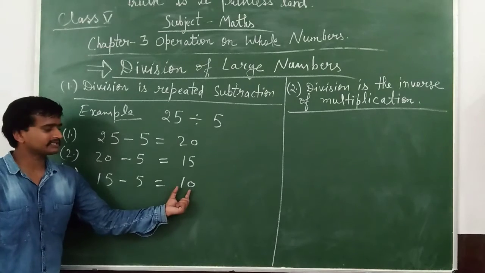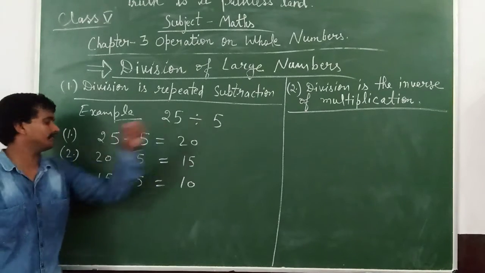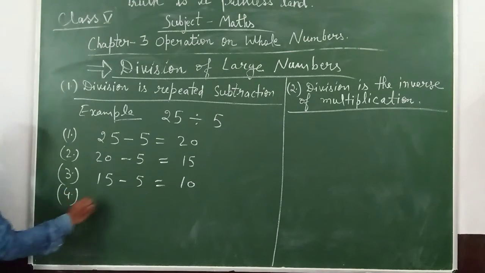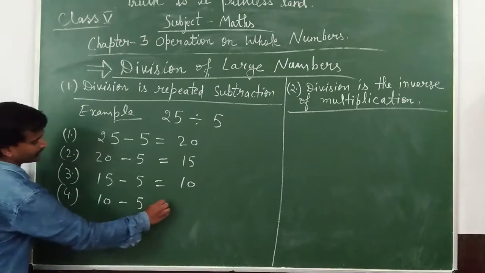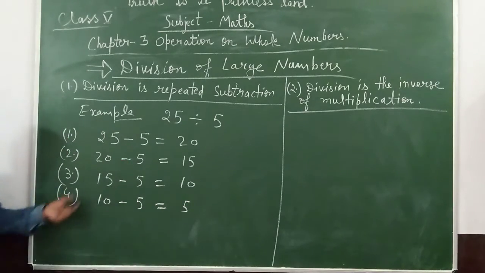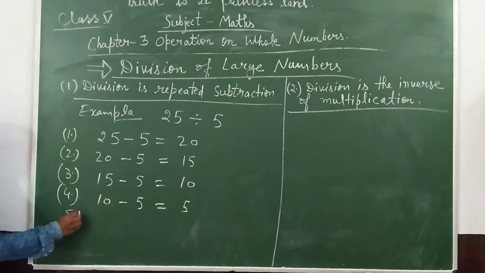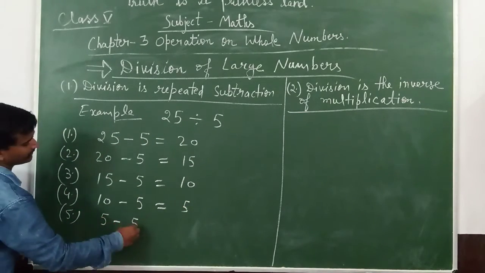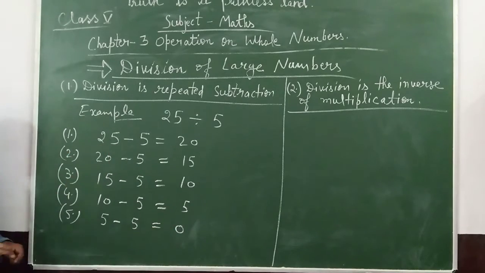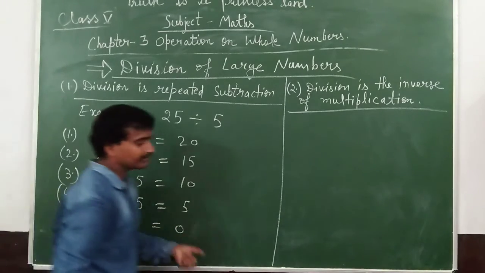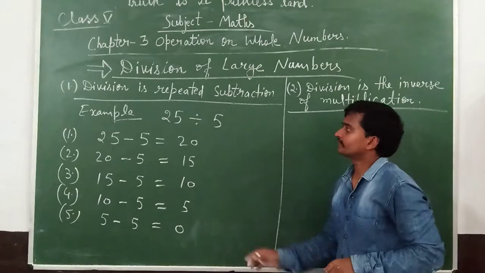Now from this again subtract 5. 10 minus 5 equals 5. And from this 5 again subtract 5. 5 minus 5 equals 0. As the answer comes 0, stop the process.